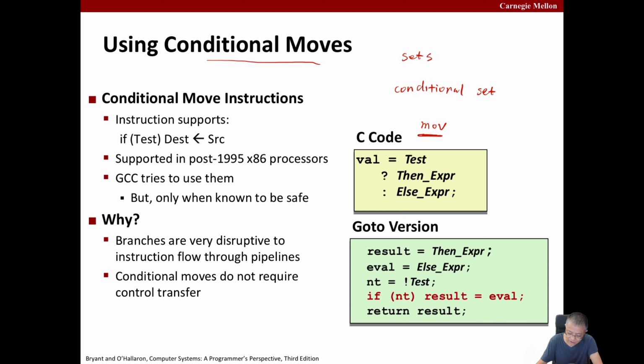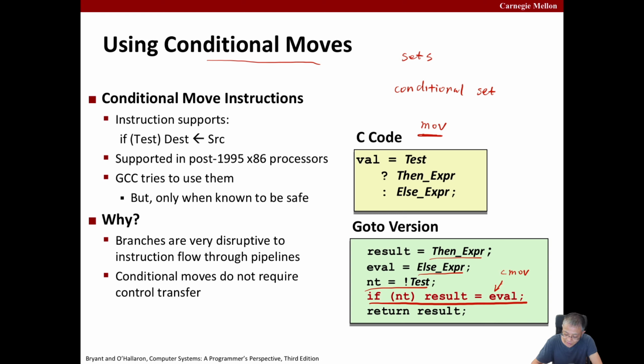So here we can show an example. Still the same test expression, then expression, and else expression. To convert this into a conditional move, we can first calculate the then expression, then the else expression. Then we can do the test. Then this will be encoded with a conditional move instruction, right?